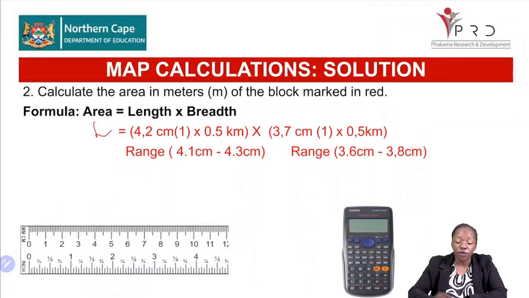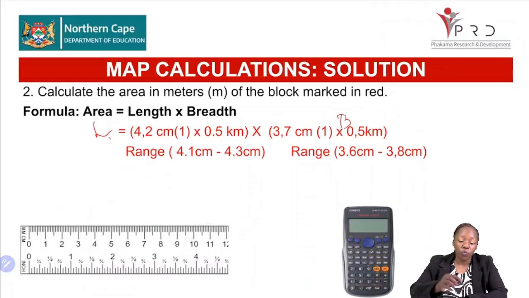Then after, you calculate the breadth alone. Then once you are done, you then use the scale. So here, you need to know that you measure the two sides in that area covered in red. You measure the two sides, and the one that is longer will be your length, and the one that is shorter will be your breadth.